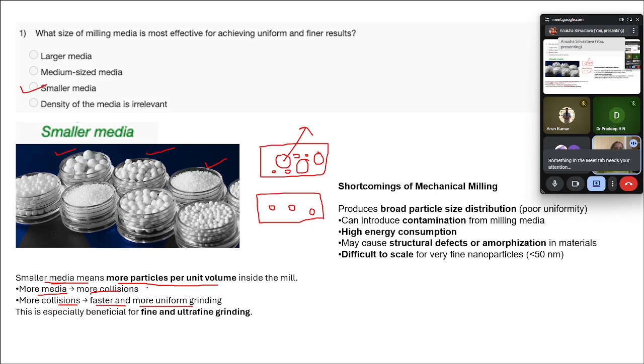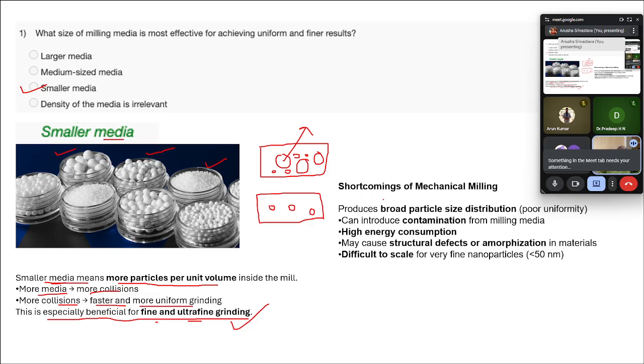Whatever bulk material we have, with the help of these balls we are mechanically grinding it so that it comes to a small size, precisely in the nanometer range. This is especially beneficial for fine and ultrafine grinding. So to ensure that the nanoparticles you are producing are fine, and undergo ultrafine grinding, it's better to choose smaller media.